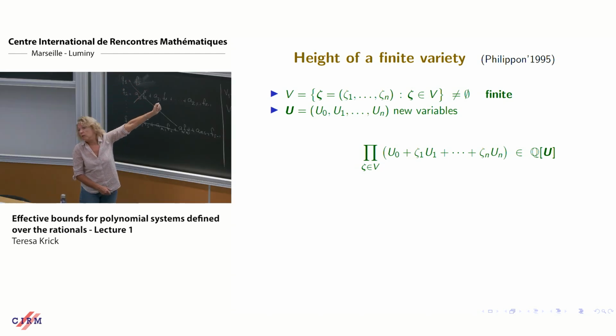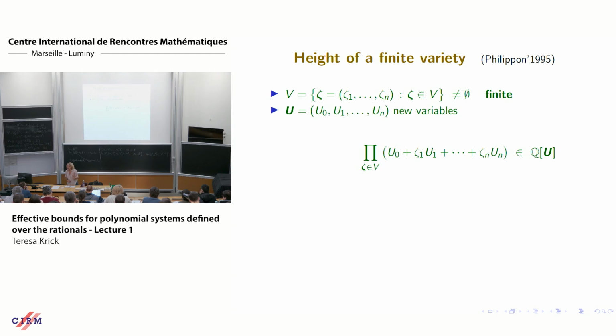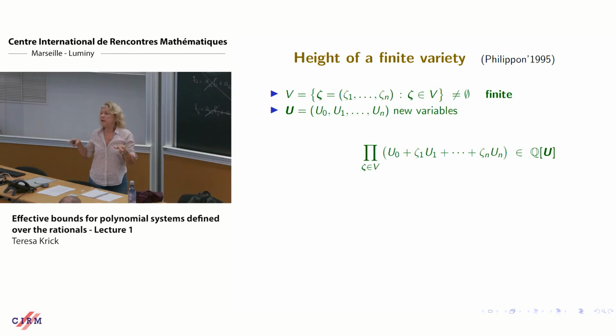I will call that capital D. And if my variety is defined over the rational numbers, this polynomial, which should be in C of u, happens to be in Q of u, because the variety is defined over the rational numbers.